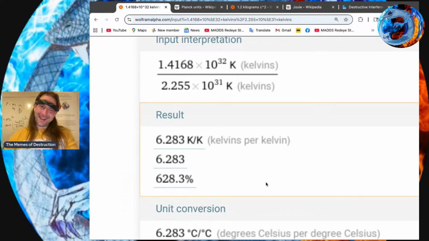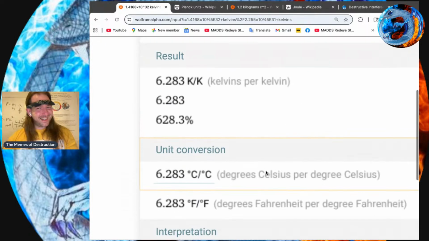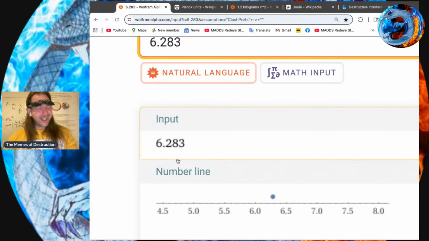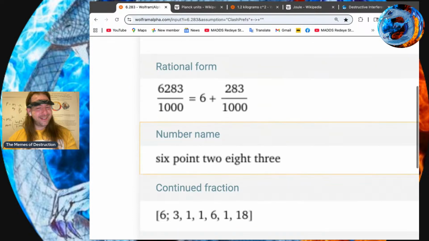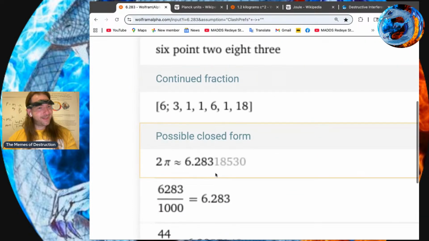2.83. Wait a second, I see what's going on here. Let's inquire what 6.283 or something might be. Oh, look, it's 2 pi.